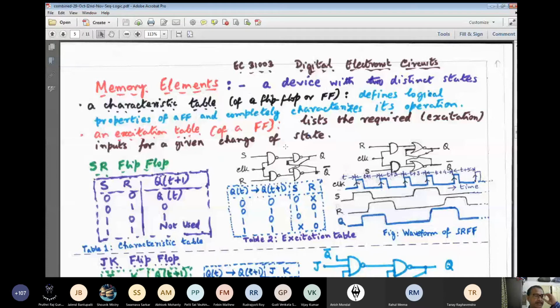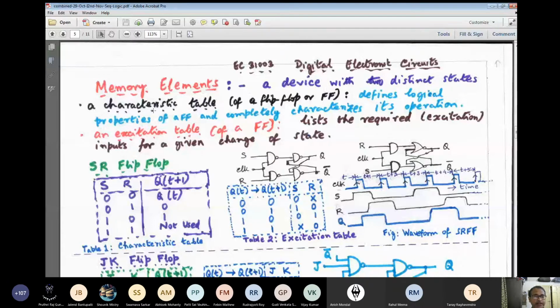Later on, we shall take up more and more complex designs. In the tutorial class also, we learn how to design a circuit using different flip-flops. When we are asked to design a particular circuit, we have to concern ourselves with the excitation table of a flip-flop. Note that there is a difference between the characteristic table, or function table, of a flip-flop and the excitation table of a flip-flop.